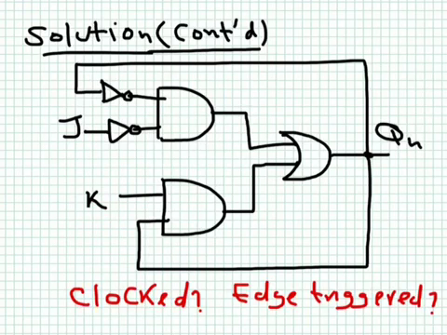In other words, the periods where J and K are in the set, reset, or toggle condition will have to be extremely short. Otherwise, you create a change, and this change is fed back again to create another change. So the duration for the JK has to be extremely small.